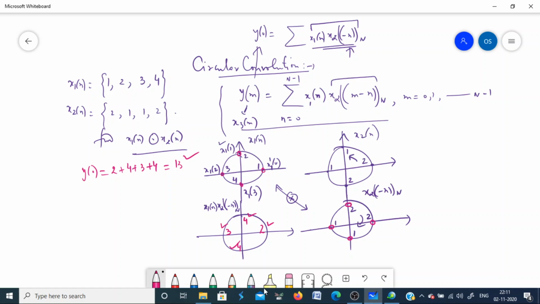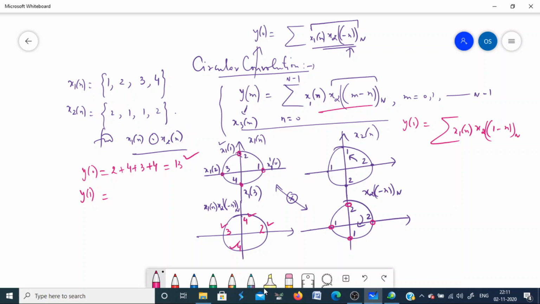Similarly you can get y1. Now when you calculate y1 from this equation, it will be the summation of x1(n) x2(1 minus n modulo N).